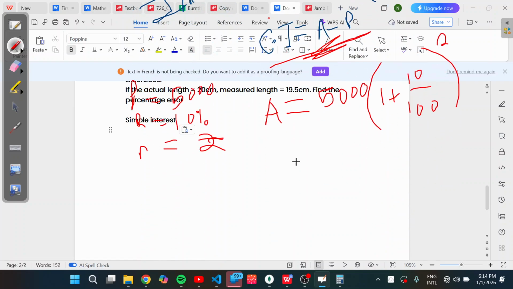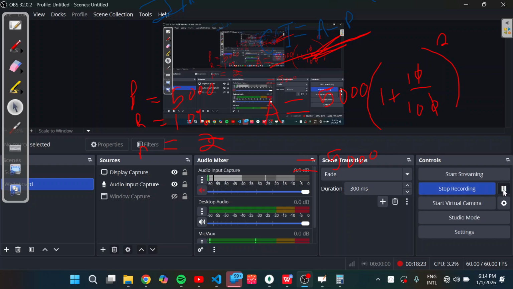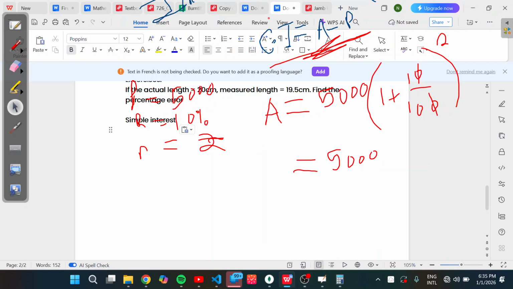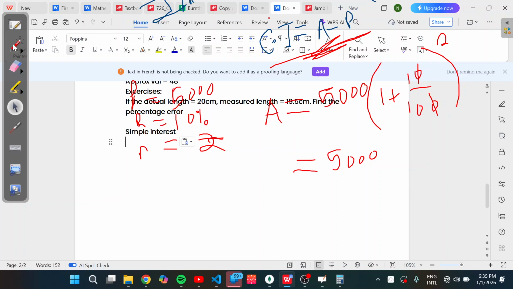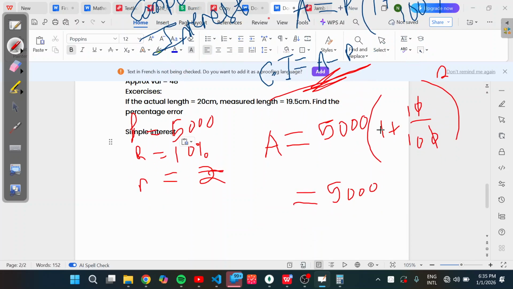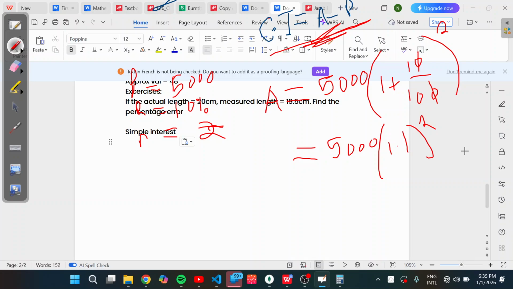So this is going to be 5,000. So 10 over 100: 0 cancels 0, so 1 over 10. Okay, so 1 plus 1 over 10 will give you 1.1. And that's going to be squared. So that's going to be 5,000 times 1.1 to the power of 2.